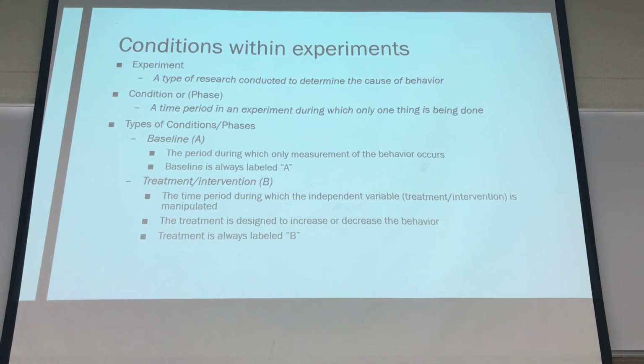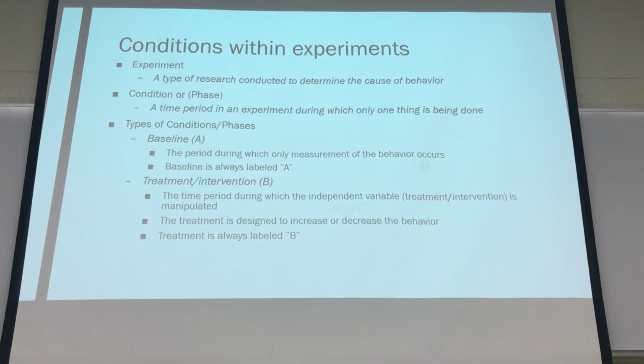Then the next condition is called treatment or intervention. In the treatment or intervention phase or condition, the only thing that you're doing is manipulating your independent variable. You're presenting an environmental event, you're removing an environmental event. You're presenting your treatment, or you're taking part of that treatment away during the treatment or intervention phase.